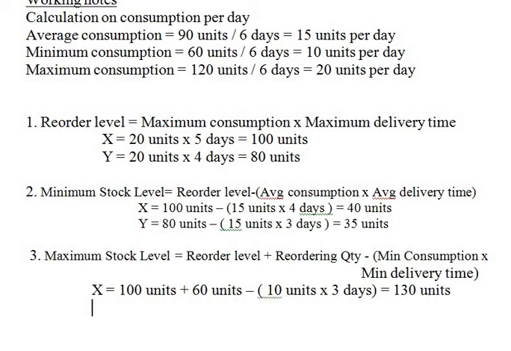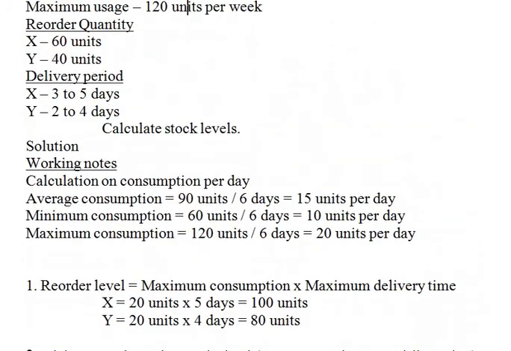Next, same thing we need to calculate for Y also. Y is equal to, as per your first point, reorder level for Y is 80 units, plus reordering quantity, which is given in the problem.